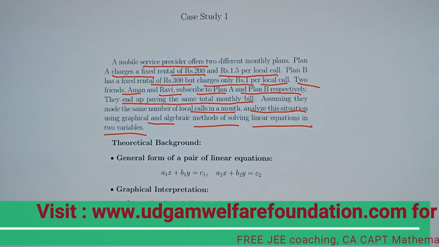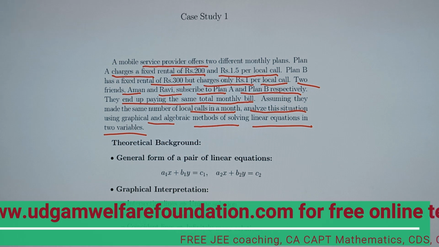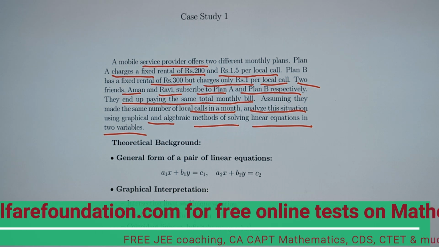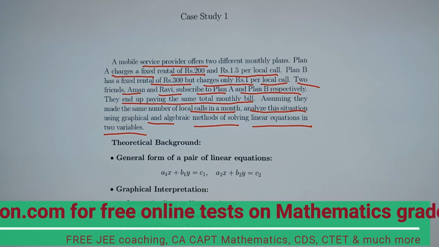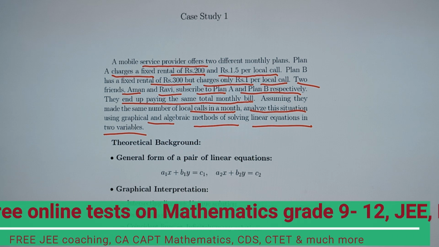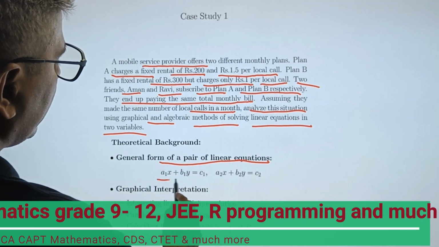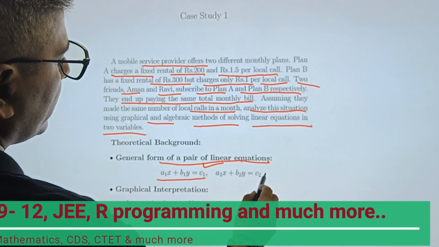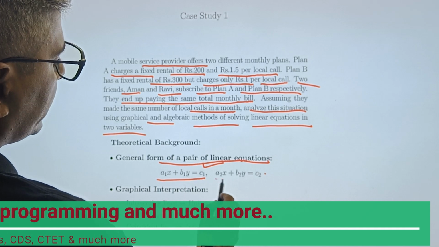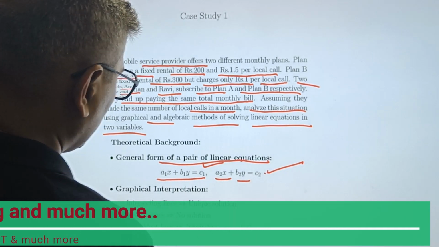So I have also mentioned some concepts here so that it is going to help you in understanding the concepts related to this particular chapter. The general form of a pair of linear equations is a1x plus b1y equals c1, where c1 and c2 are constants, and a2x plus b2y equals c2.